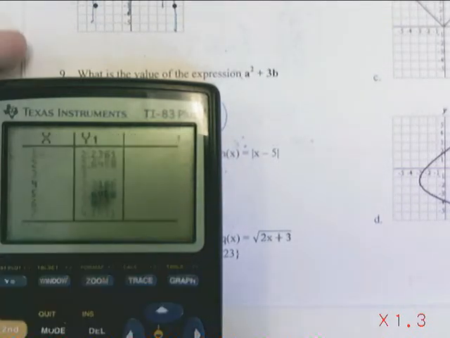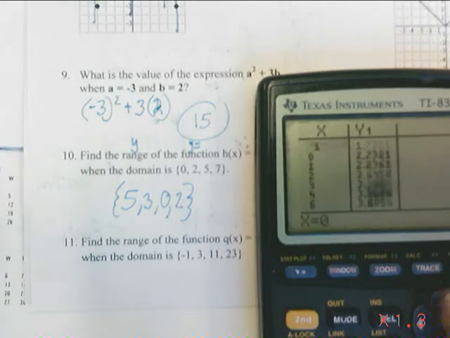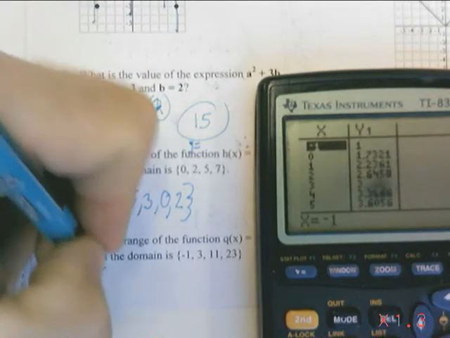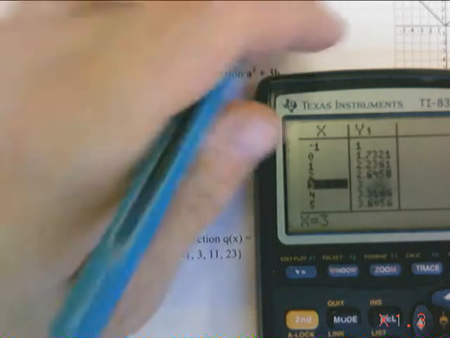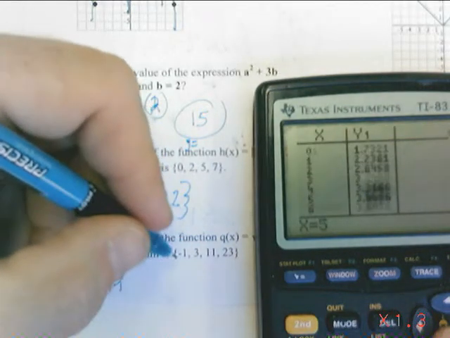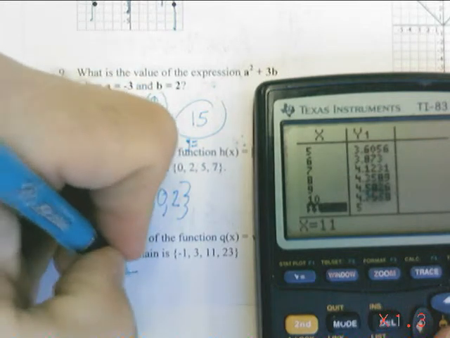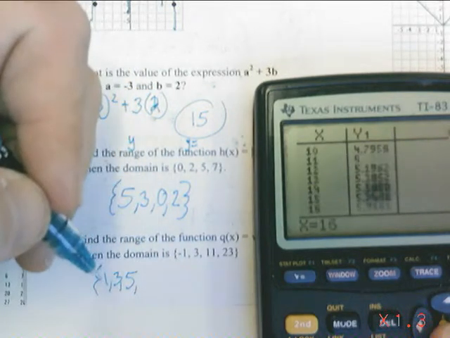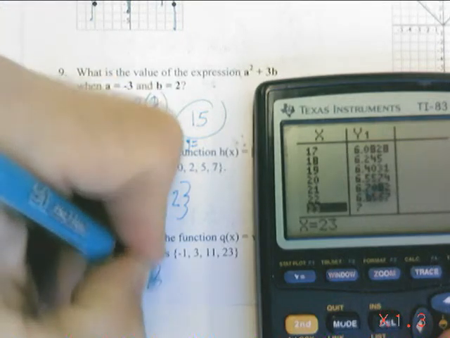Go to your table. If x is -1, y is 1. That's a good sign. If x is 3, y is 3. If x is 11, y is 5. And if x is 23, y is 7. All right, that should be pretty simple, straightforward on that one.